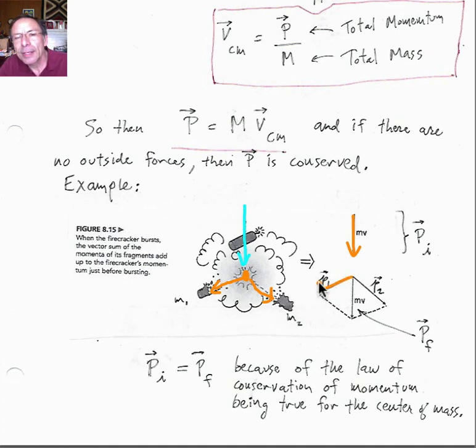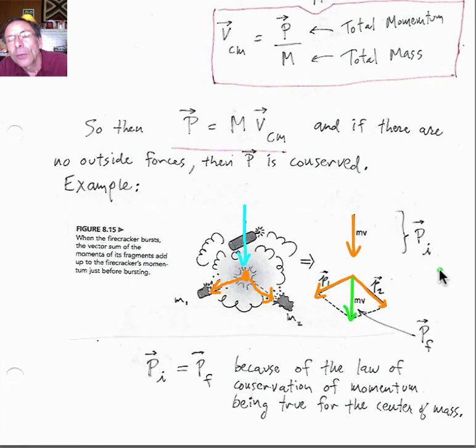Piece 1 has this momentum vector, and piece 2 has this momentum vector. If I add up these two momentum vectors in the diagram here, using the tail-to-tail method, I get that the total momentum is this. So here it is, the final momentum.